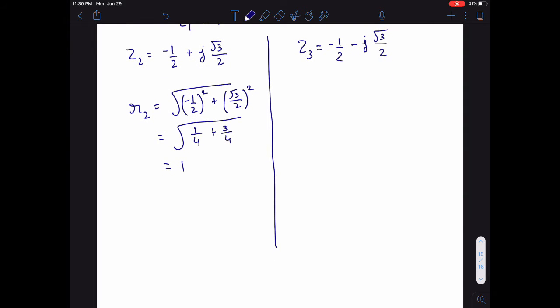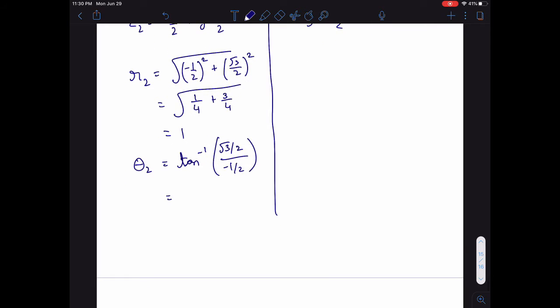And the phase theta 2 can be calculated as tan inverse of root 3 by 2 by minus 1 by 2, and that would be tan inverse of minus root 3, which gives us minus pi by 3.